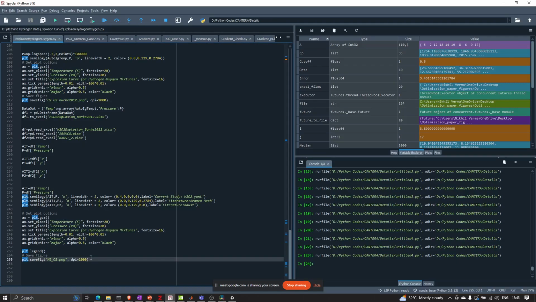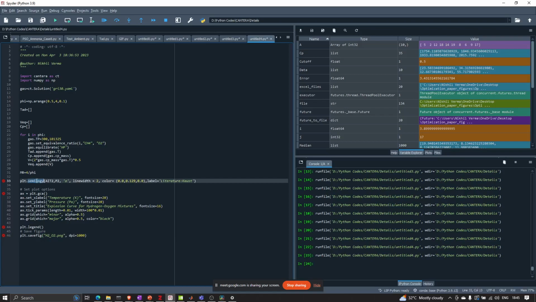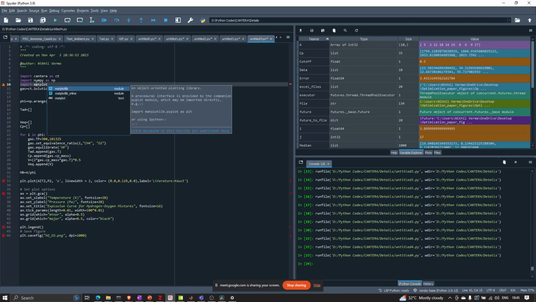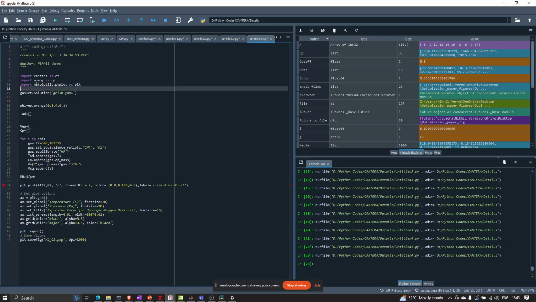Let me take some of the code from the other part. This should be the mixture ratio and this should be V equivalent.